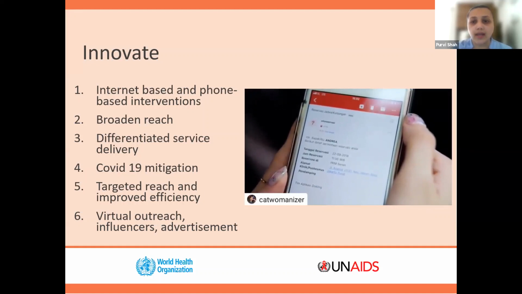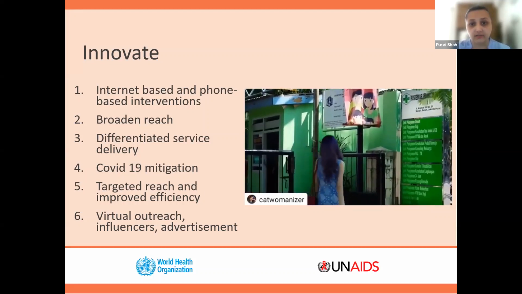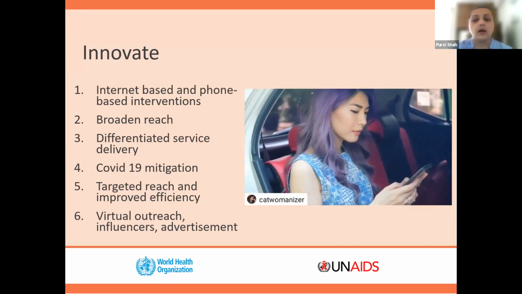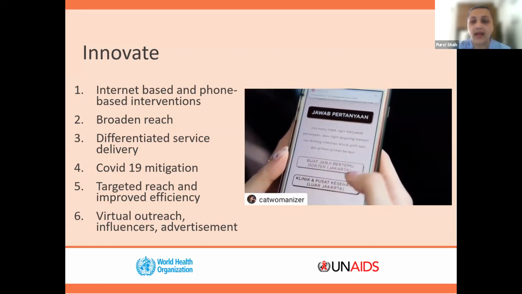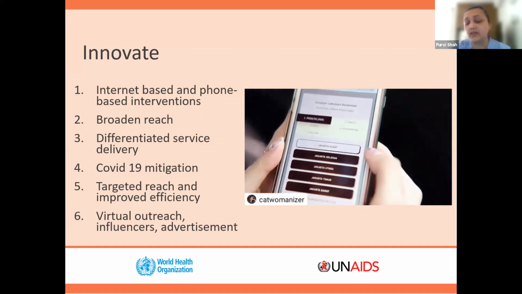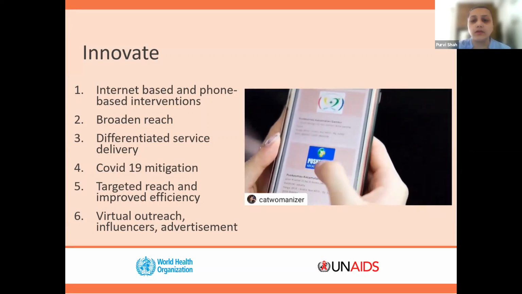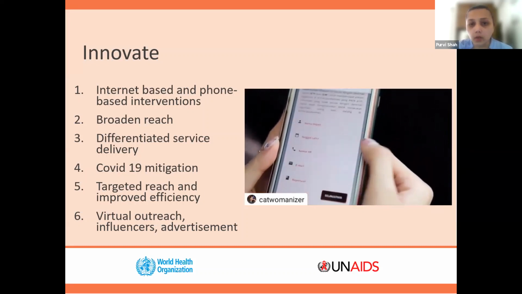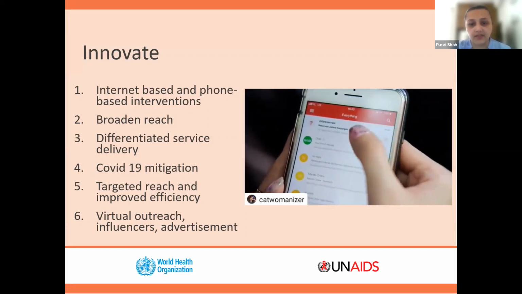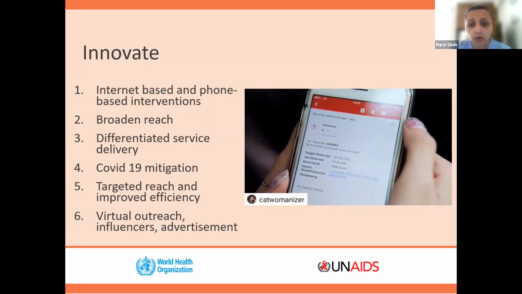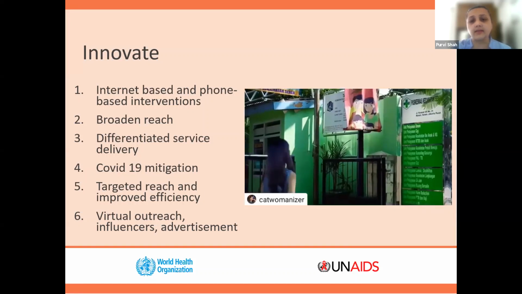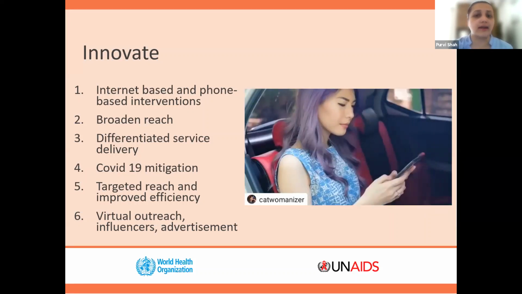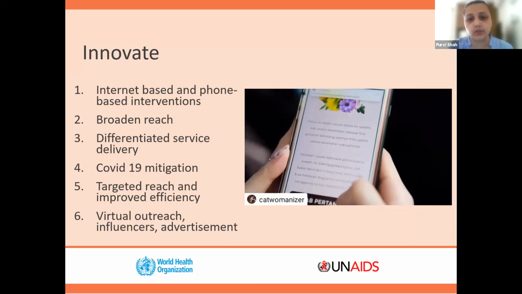Virtual interventions also allow us to offer differentiated service delivery. We need not give a standard package of services to everybody, because everybody has a different need and requirement. It differs population-wise, and it also differs based on their risk behaviors. As we all know, COVID-19 has hit our lives for almost 2 years now. It's important to start finding solutions, or rather, a lot of people have already started finding solutions.